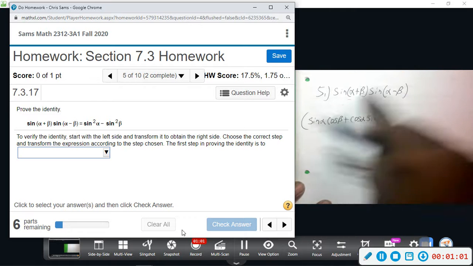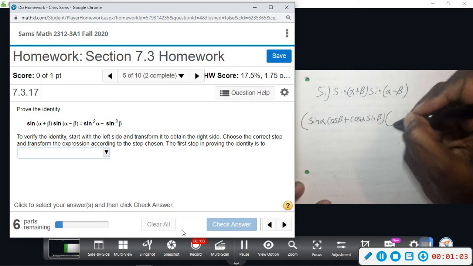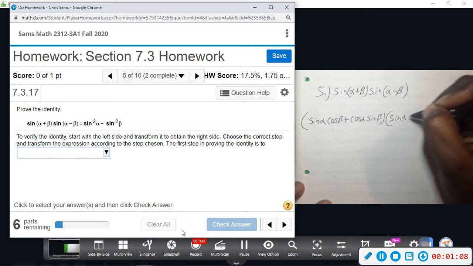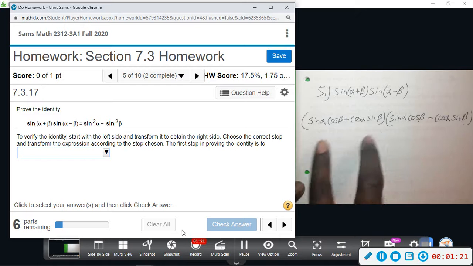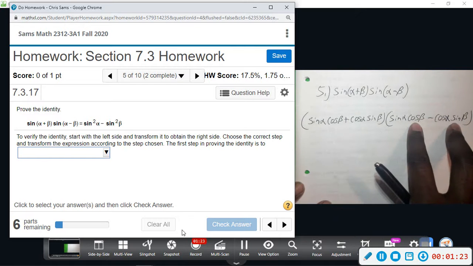So that's what we get here. And then this gives us sine alpha cosine beta minus cosine alpha sine beta.